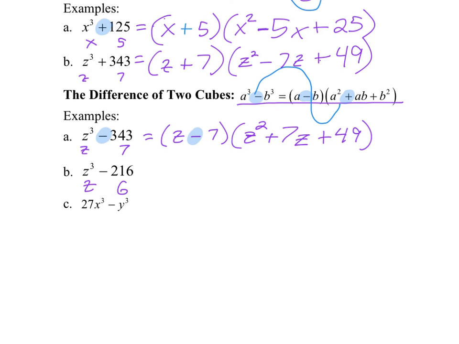All right, so our next one, we have z and 6. Don't forget, we're going to flip that symbol on the second set of parentheses. So we have z minus 6, z squared, flip the symbol, plus 6z plus 6 squared is 36.